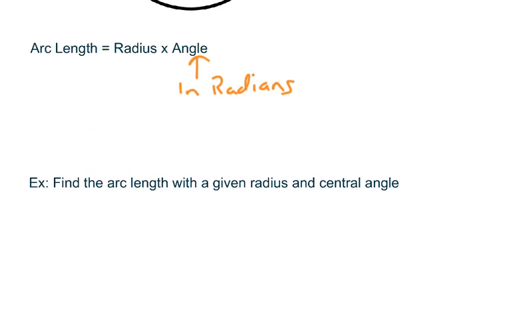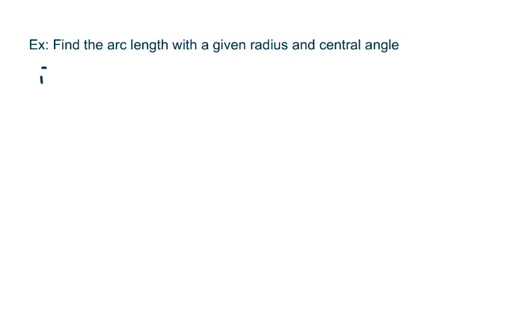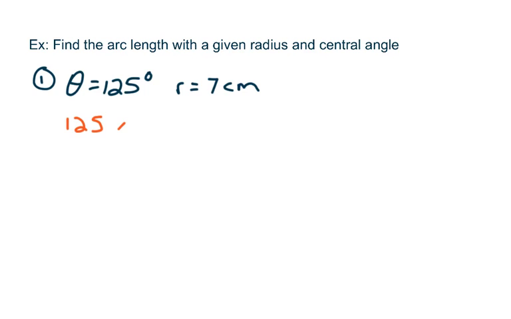So let's try a couple of examples here. Find the arc length with a given radius and central angle. So number 1 here. Your angle is going to be 125 degrees. So right away we're going to have to convert that. And our radius is 7 centimeters. So first thing we need to do is convert 125 degrees to radians. If you remember, 125, your angle measure in degrees, times pi over 180.